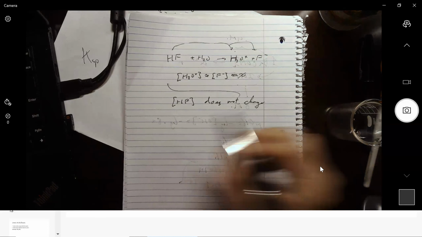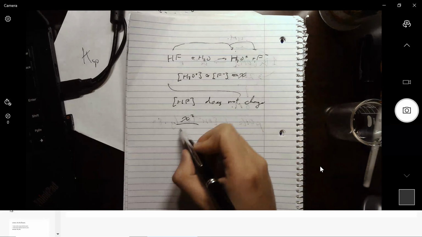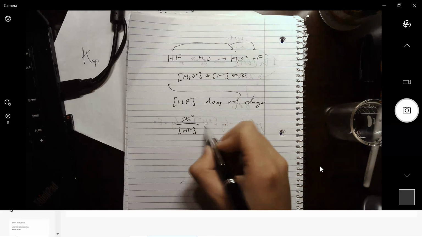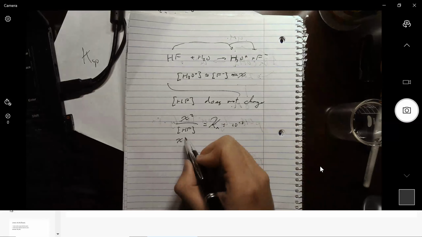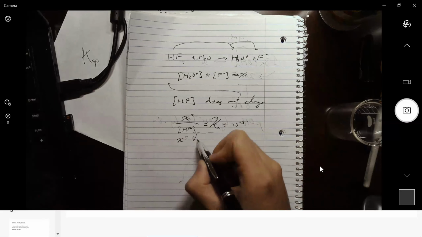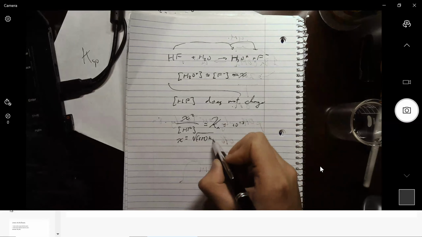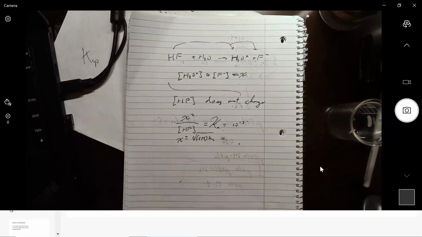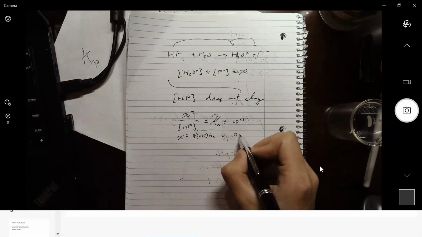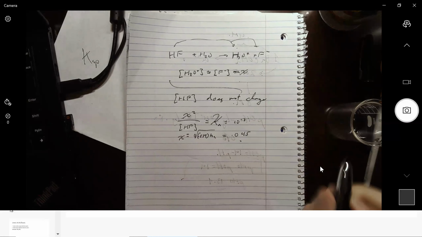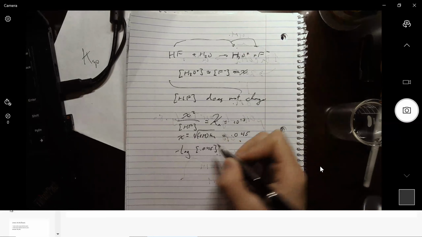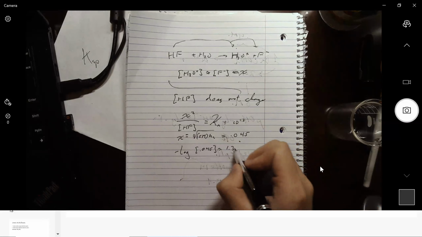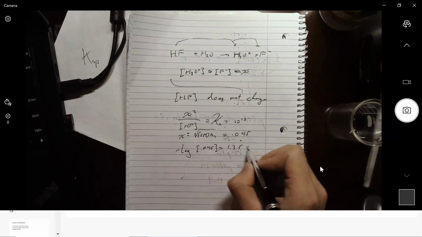These two statements give us this equation, X squared over 0.5 equals Ka. Then X equals 0.045, and the negative log of 0.045 equals 1.35. So this is the pH.